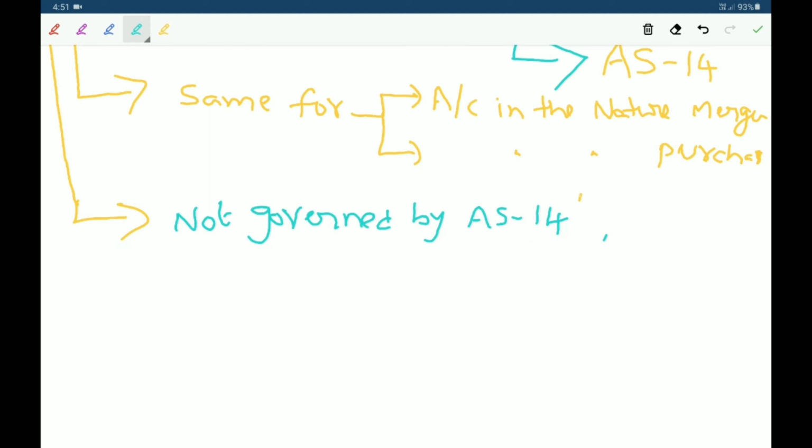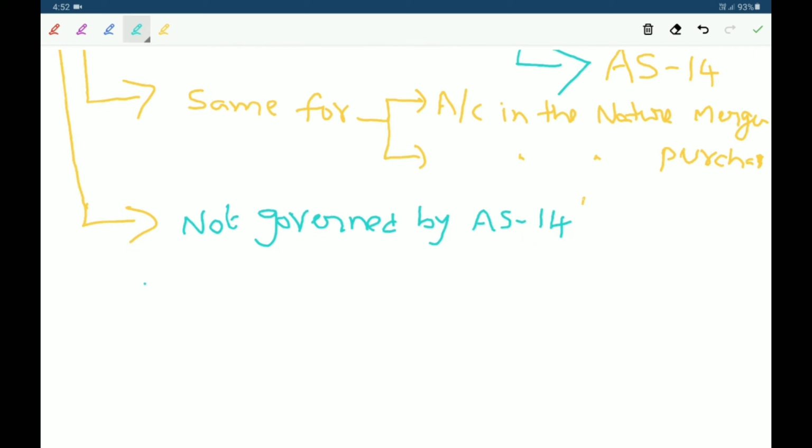Because the transferor company transfers its business to the transferee company and subsequently goes into liquidation. Its entire business is transferred. It will not prepare its financial statements after amalgamation. That's why AS 14 is not applicable to the transferor company.